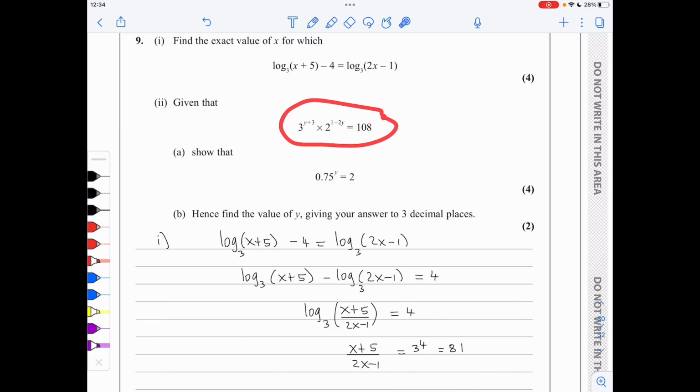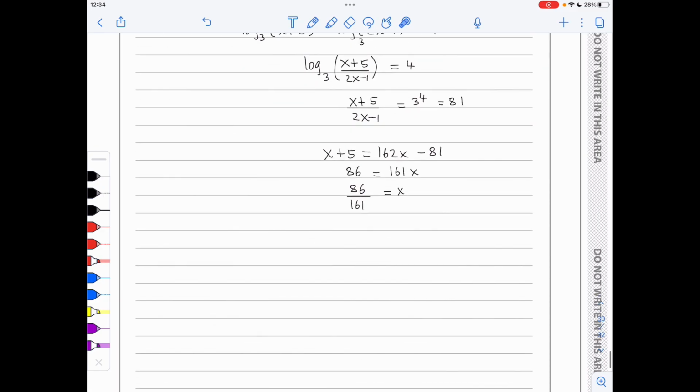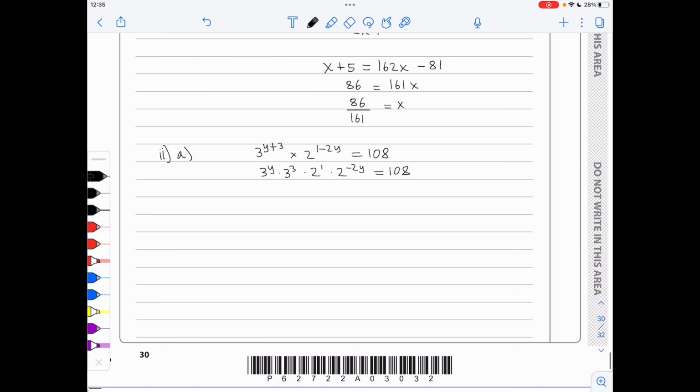In part II, we have this equation here, and we need to show that it leads to 0.75 to the y is 2. So we will start with the equation that was given to us. We've got 3 to the y plus 3 times 2 to the 1 minus 2y is equal to 108. So 3 to the y times 3 to the 3 times 2 to the 1 times 2 to the minus 2y is 108. Now, this means that 3 to the y times 27 times 2 times 2 to the minus 2y is 108.